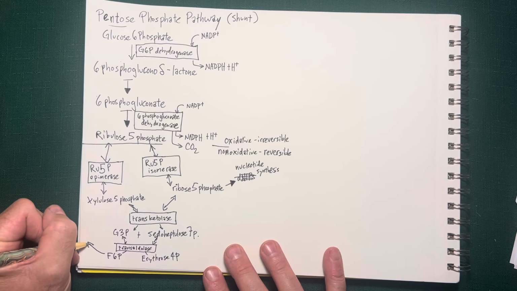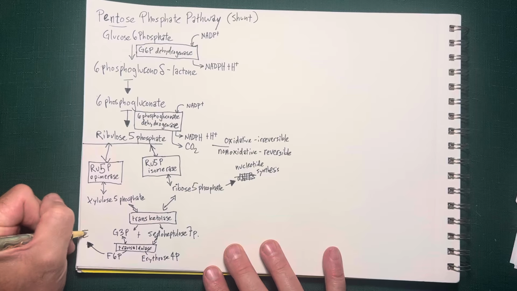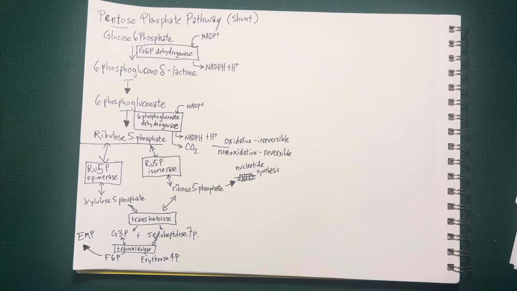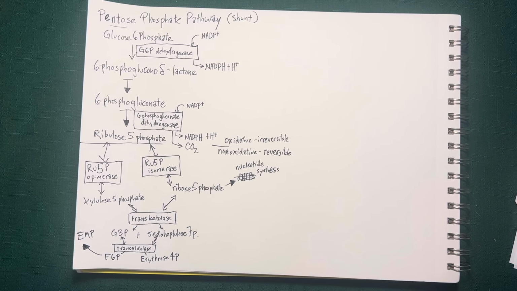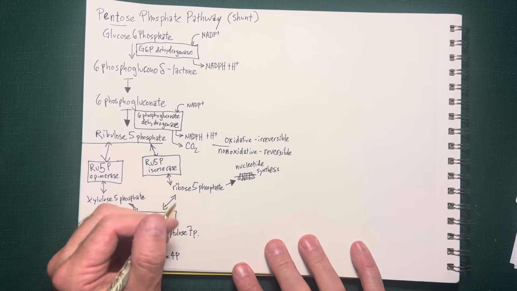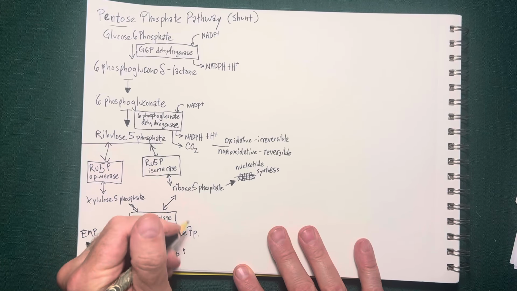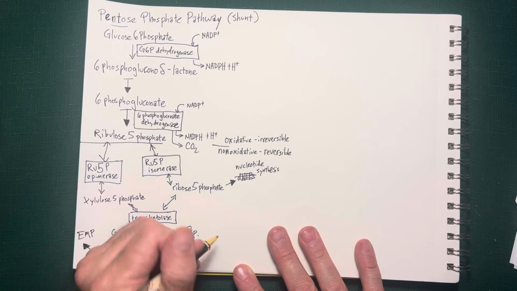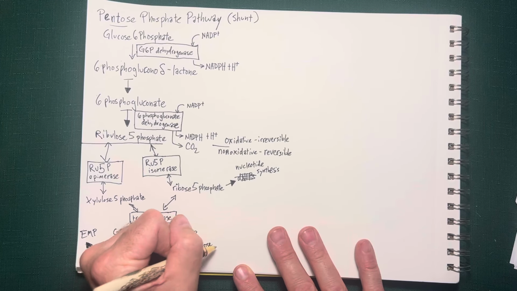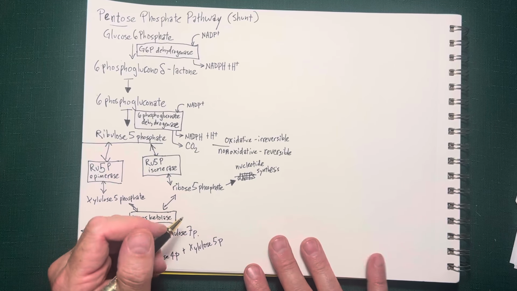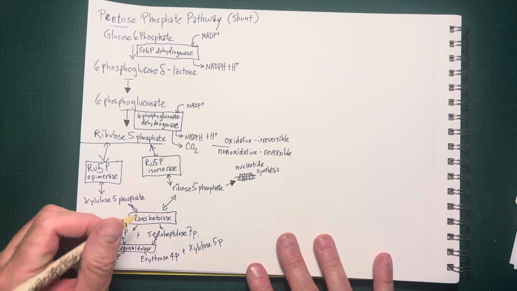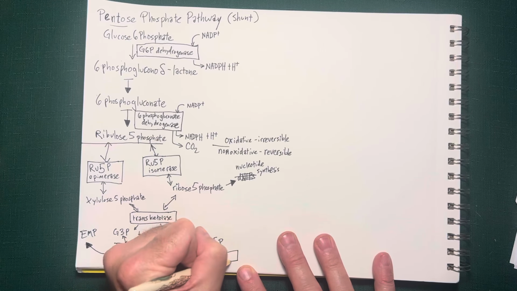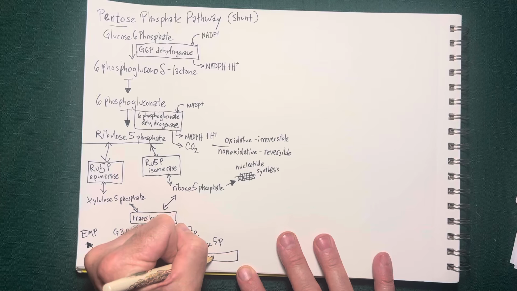And we know that F6P can get fed back into Embden-Meyerhof-Parnas, or regular old glycolysis. Erythrose 4P can be combined with xylulose 5P. So now we've got 5 carbons, and we can put those two things through transketolase.